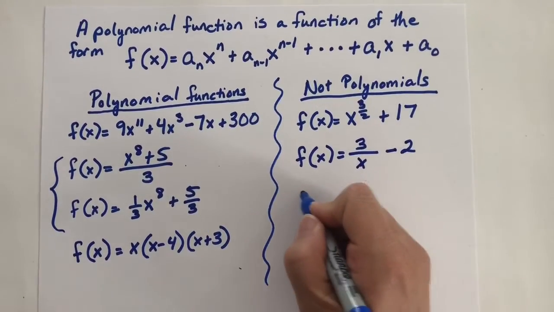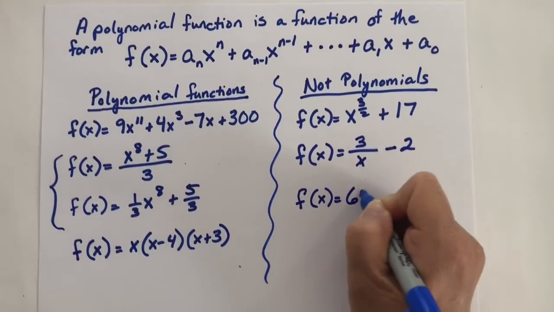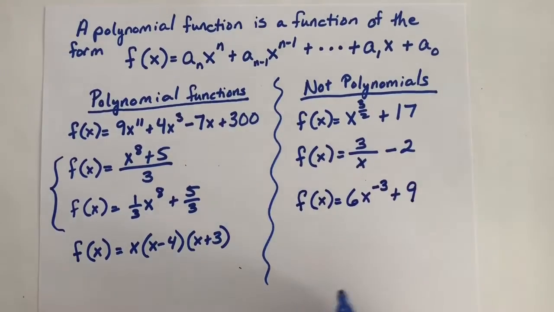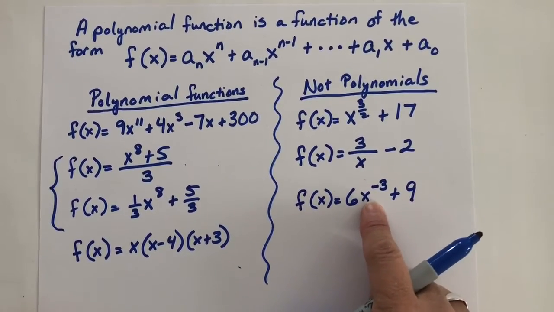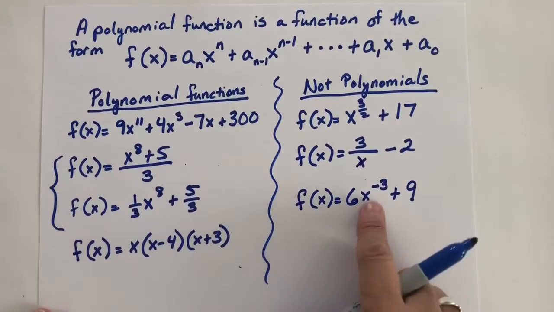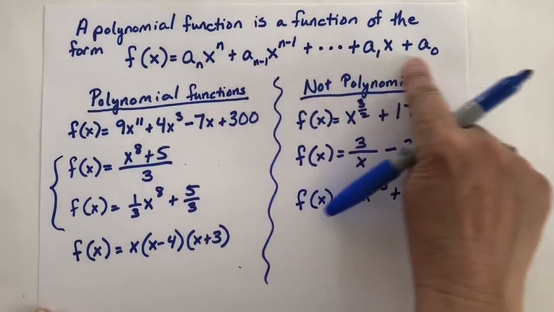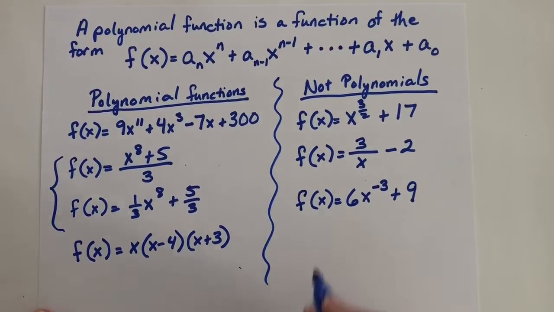And here's another one. F of x equals 6x to the negative 3 plus 9. Not a polynomial function because we have an exponent that is not a positive integer. It's a negative integer, but polynomial functions always have exponents that are positive integers.